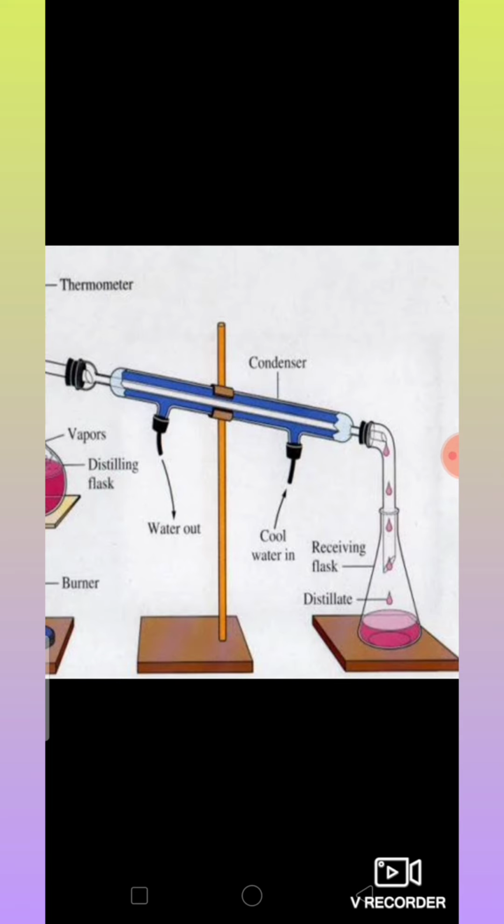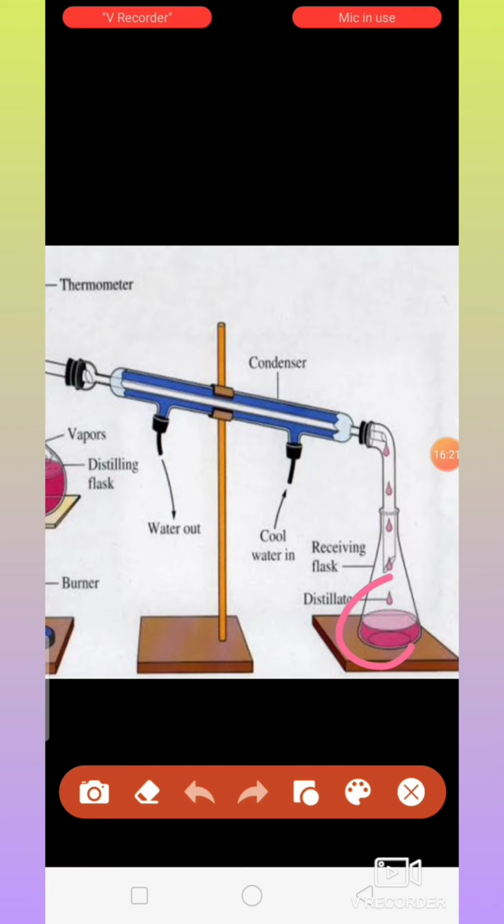After that, this water steam is cooled down, and you get pure water. Here you receive the pure water. The vapors on cooling condense into pure water, that is distilled water, and are collected in a receiver. The salts are left behind in the flask as a residue. Here in the flask itself you can get the salts as a residue.